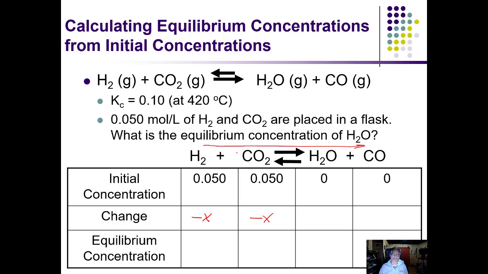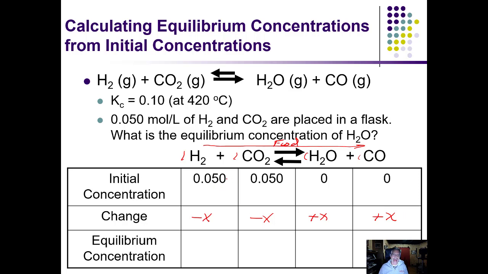Note that the coefficients are 1 for both of these reactants, so we just have minus 1x and minus 1x. Why the minus sign? Because reactants disappear when the reaction goes in the forward direction. Over here, we're going to make some products, so our change will be plus x because those coefficients are also just 1. That's why we have 1x here and 1x here.